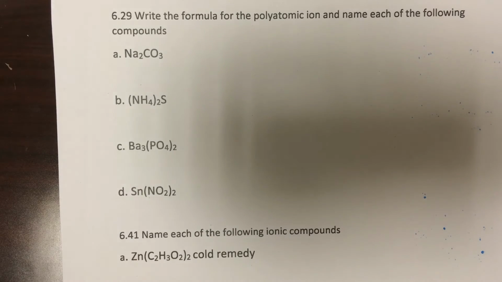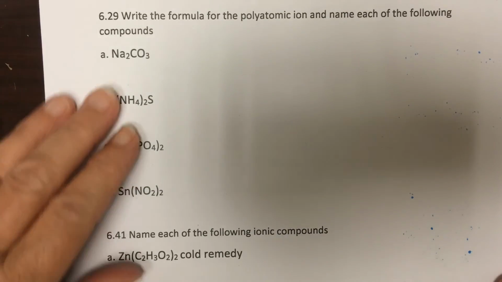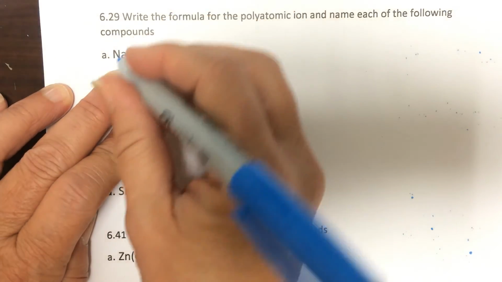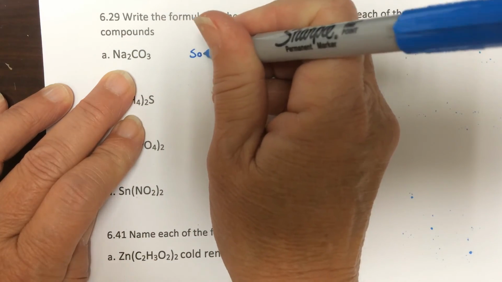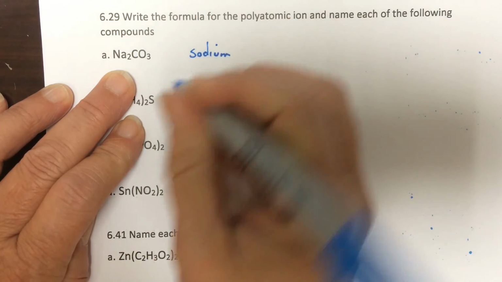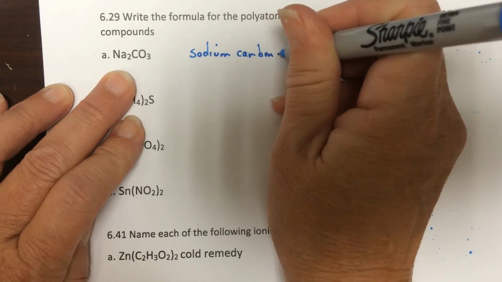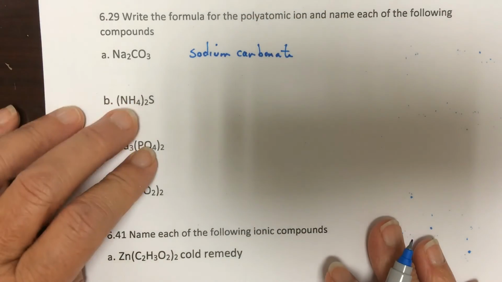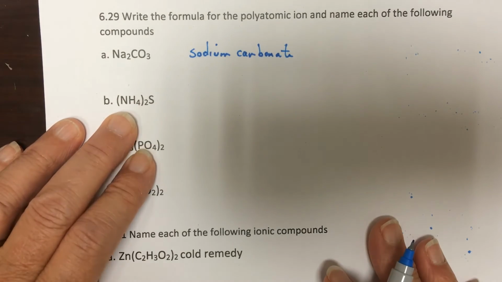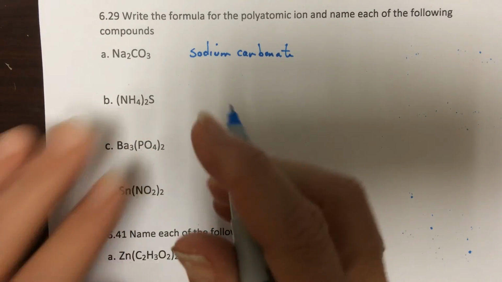Okay, so we can also then write the formulas. And this is where knowing those polyatomic ions becomes important. Na is sodium, and this is carbonate. So we have sodium carbonate. NH4 is ammonium.